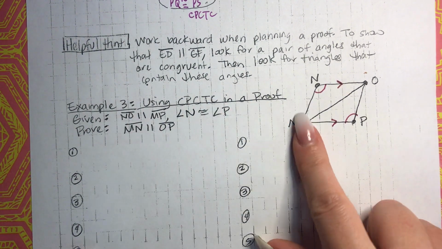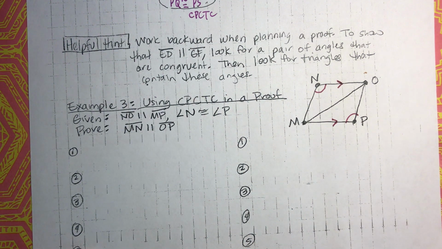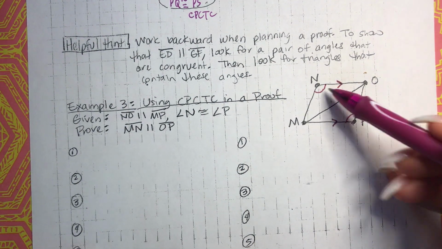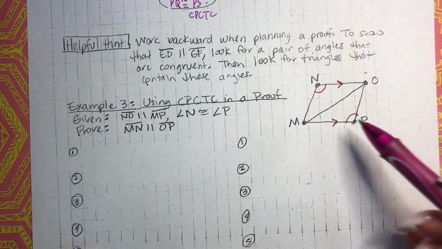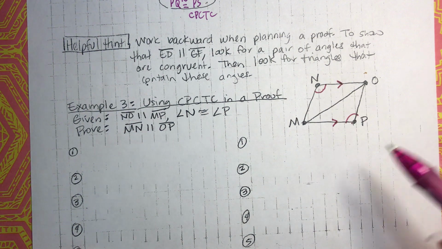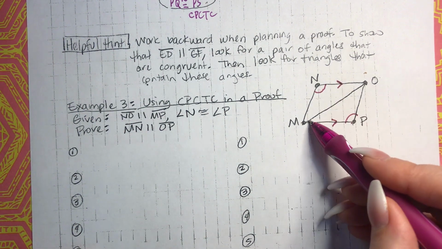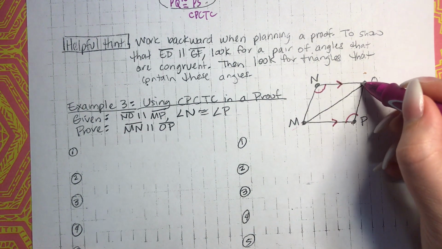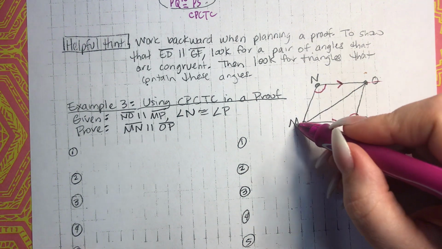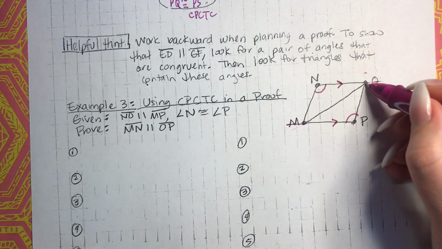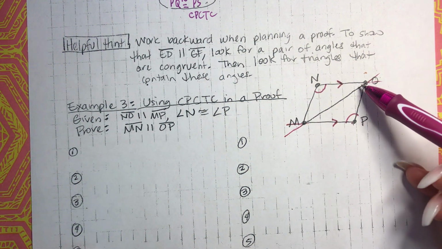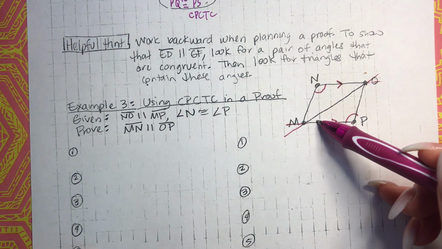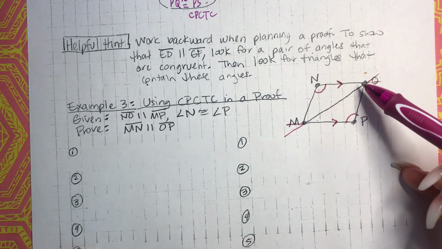So let's go ahead and look at what we have. We have that this angle is congruent. We have these lines are parallel. So with those lines being parallel, let's take a look at this transversal here. If we extend those lines out, I always like to extend them, and we draw that transversal, what we see is that these two angles right here would be those alternate interior angles.